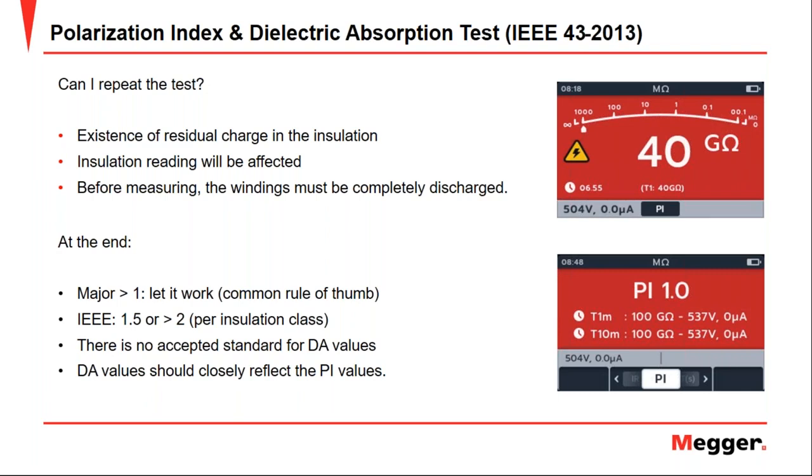If we repeat the test without having discharged the winding, it will give us a wrong value because it is not possible to polarize a material that is already polarized.